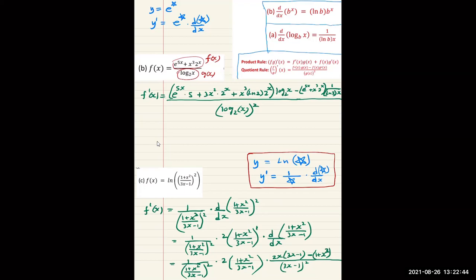The derivative of 3x minus 1 is just 3. This is the derivative. Now you are done. This complicated expression is the derivative of the given function. Okay, if you want, of course, you can simplify this top. You can leave the answer as it is unless you are asked to simplify. Okay. All right, let's move on.